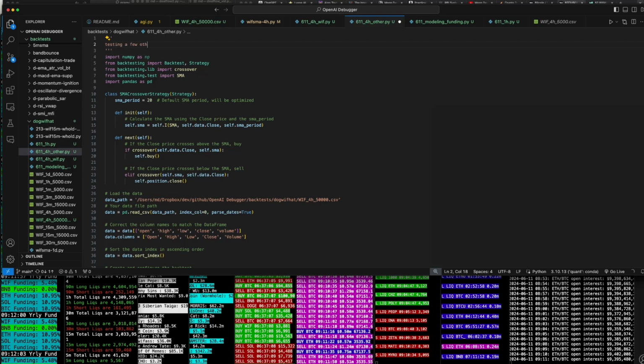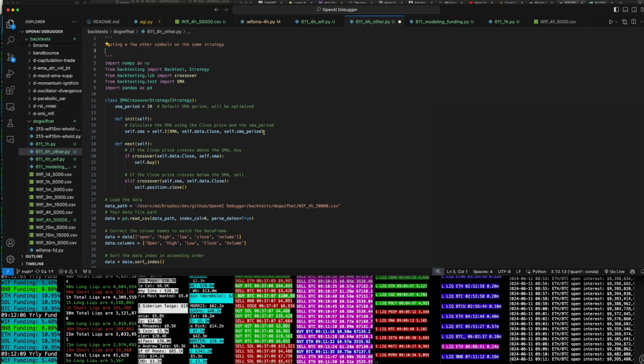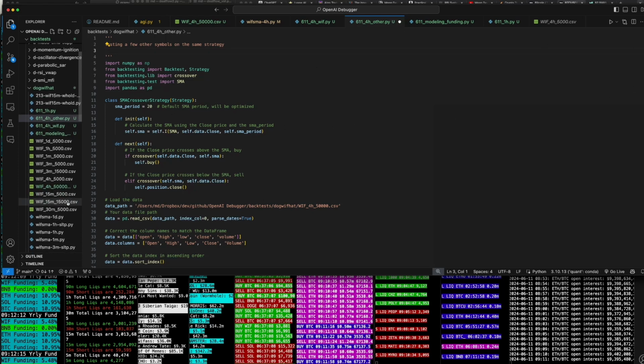Testing a few other symbols on the same strategy. It's just a stupid little crossover strategy. It's okay, bro. It's okay to be simple. I'm a simpleton.